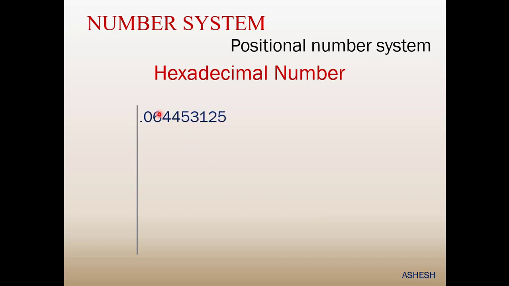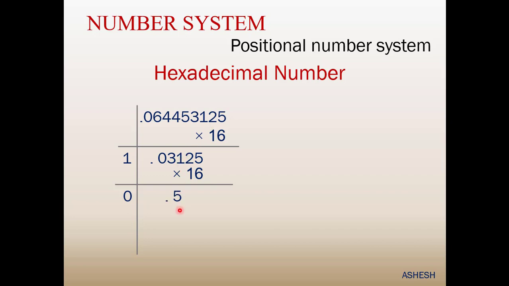Now our decimal number is a fraction. We have to convert that number to hexadecimal number. For that we need to multiply that number by 16. Then we'll get 1 as integer and 0.03125 as fraction. Again we'll multiply that fraction by 16. Then we'll not get any integer, that's why we write 0, and we'll get the fraction as 0.5.